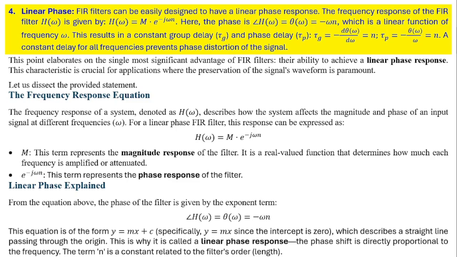Now we will come to this linear phase. So what does this mean? The FIR response can be easily designed to have a linear phase response, which we already discussed.